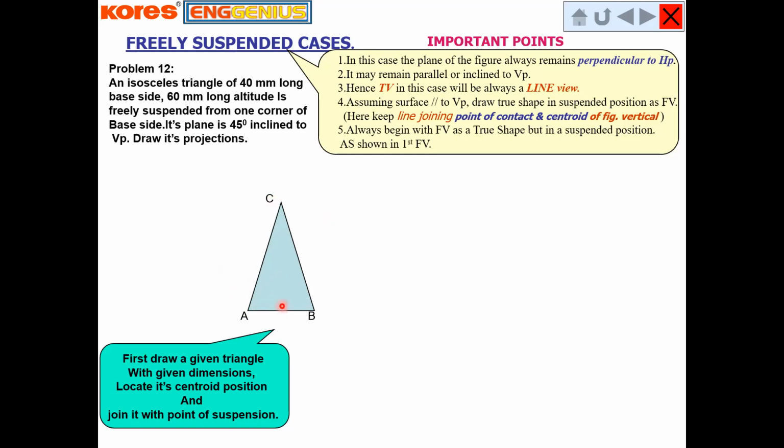Whether it is a regular triangle, a rectangular plane, a square plane or a pentagonal plane, every time this condition remains the same: the line joining the contact point to the centroid of the plane remains vertical due to the gravitational force.